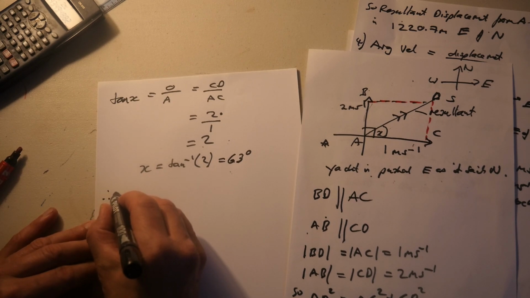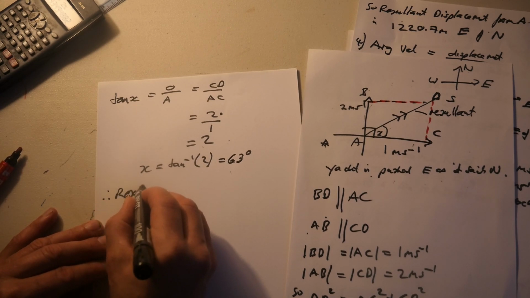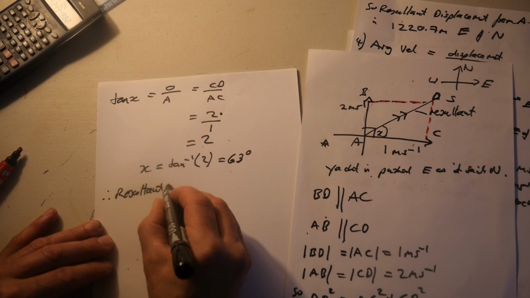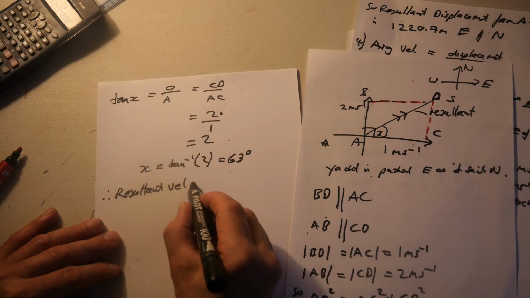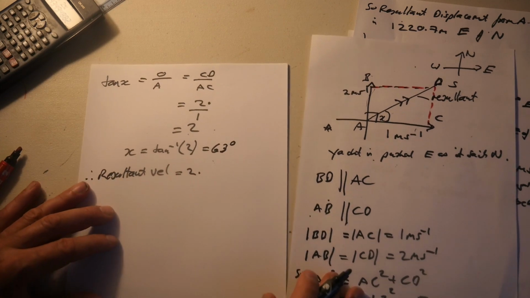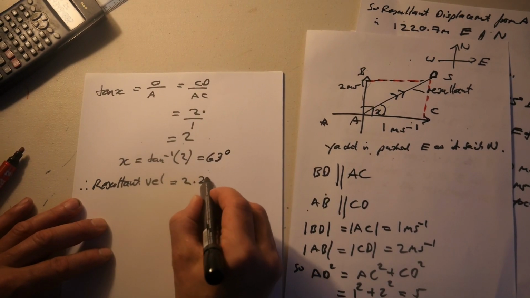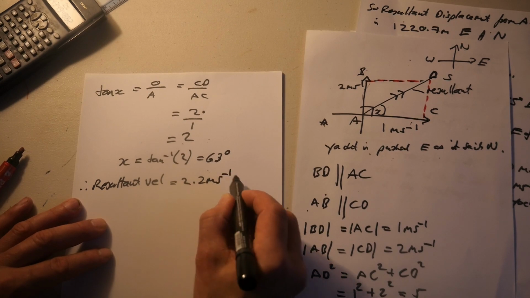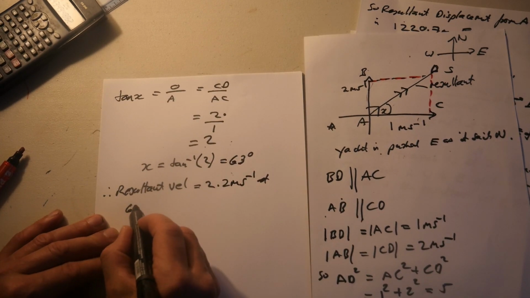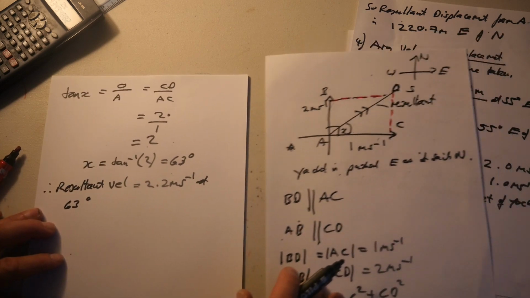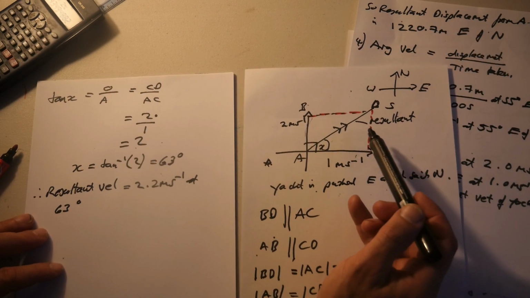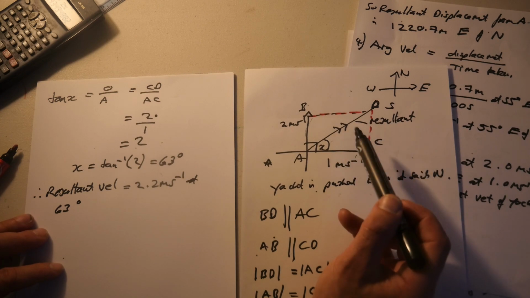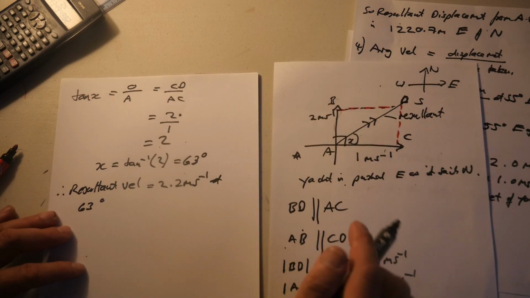Therefore, the resultant velocity is equal to 2.2 meters per second at 63 degrees. So it's 2.2 meters per second at 63 degrees, that's north of east, okay?